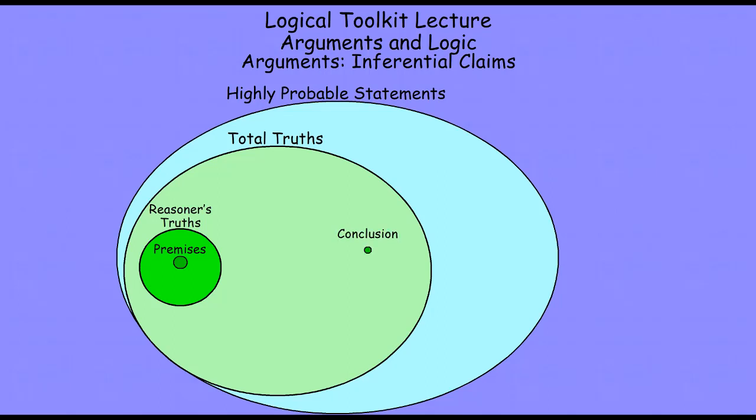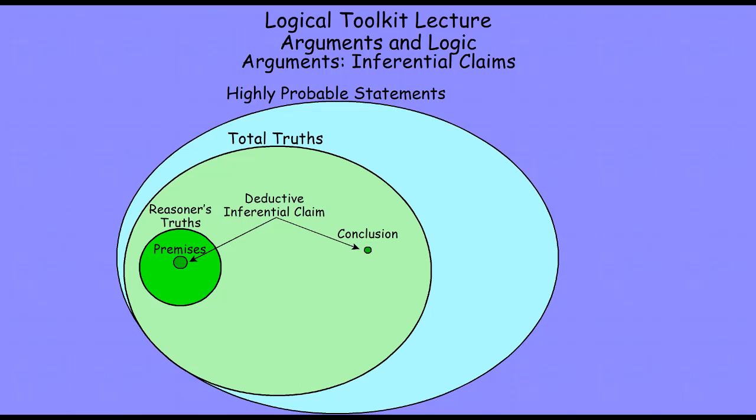The conclusion of a deductive argument is going to be one of the things that has to be true given what you know. You don't know it's true, but it has to be true given what you know. And your deductive inferential claim then is a claim about the relationship between what you believe, your reasons, and the conclusion.